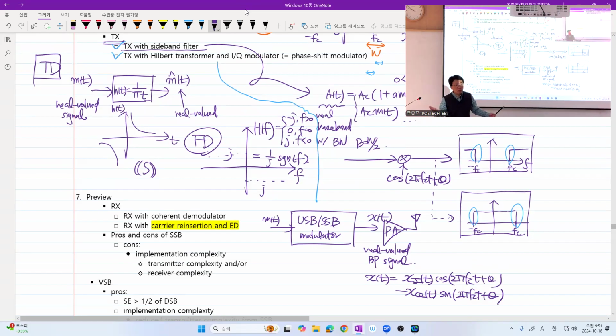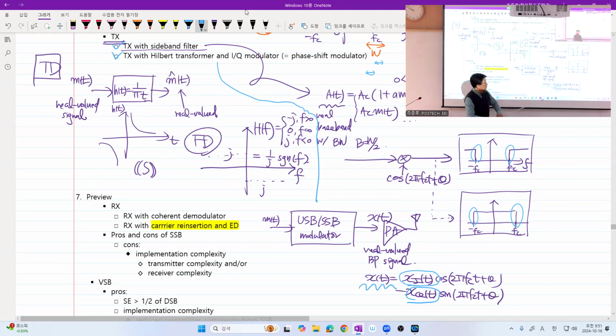We are removing the redundancy. So what does that mean? Our SSB signal must have non-zero baseband signals.